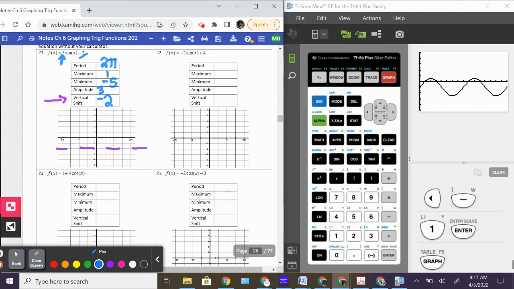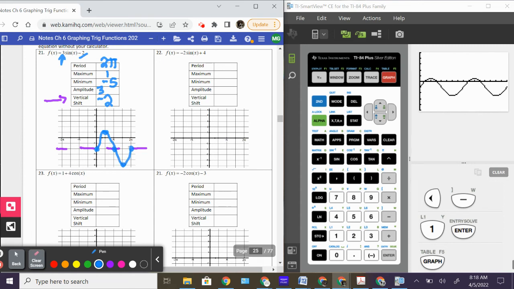We know for sine, we start at center, halfway through we hit center, and at the end of a full cycle we hit center. At pi over 2, or halfway between the beginning and the middle, we go to our maximum value, which would be 1. And halfway between the middle and the end, we go to our minimum value, which would be -5. So our function is going to look like this.